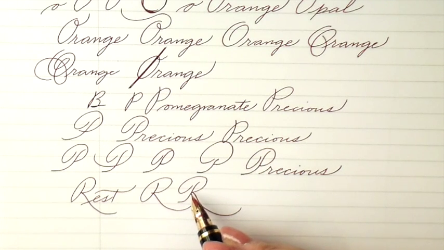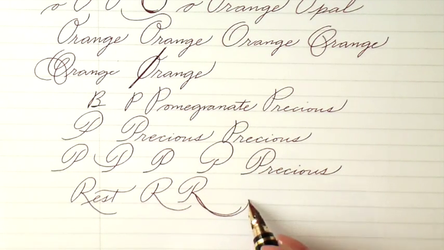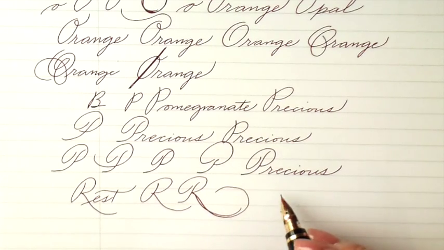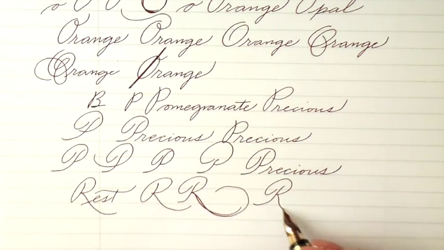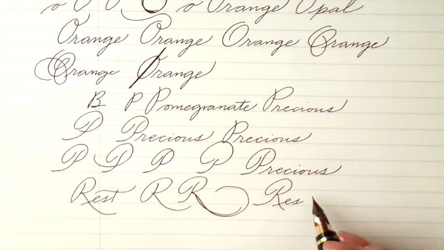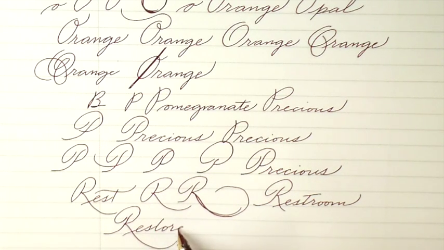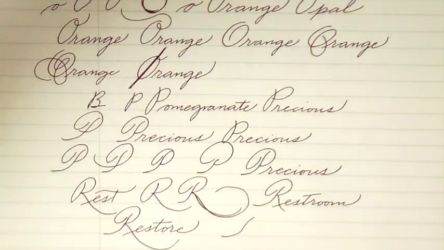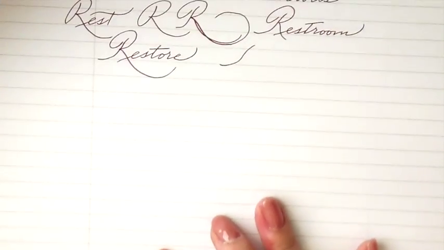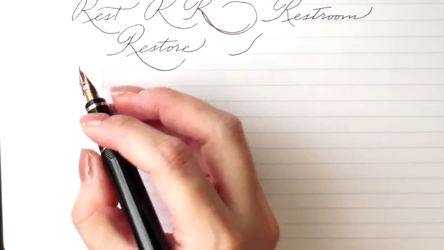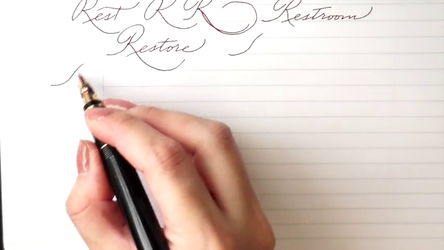I like to really extend this part so it becomes like a flourish, I mean, you could just drop it like that. But there is such a potential for flourishing, so why not, right? Okay. And the same rules apply. Make sure your loop covers the stem.